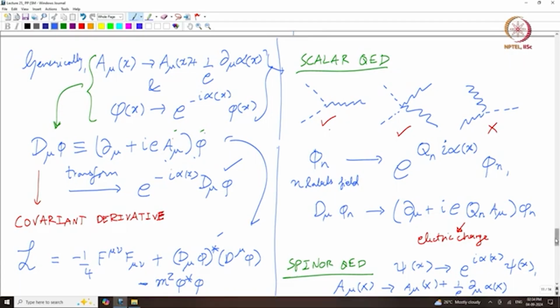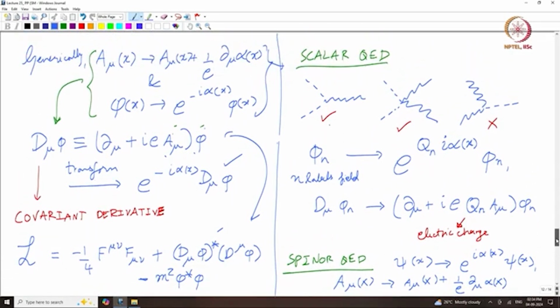Agreed? And in that process we saw the concept of a covariant derivative, where the derivative itself is redefined this way, where we put in the force carrier, the photon in this case, as part of the entire derivative that you put into the kinetic term. The derivative itself transforms like a field under gauge transformations, correct.